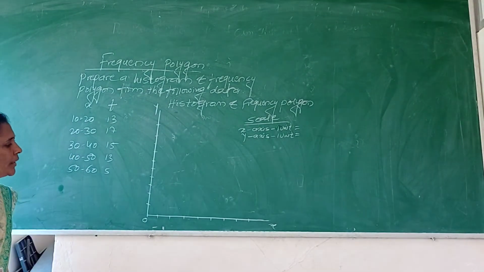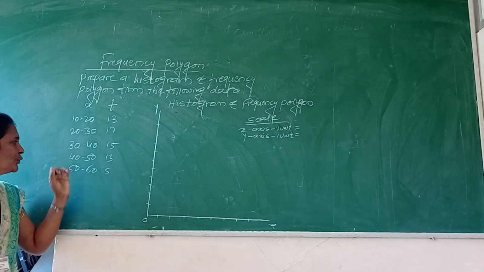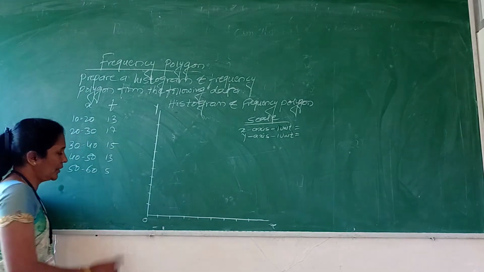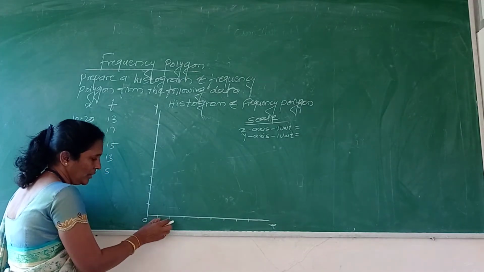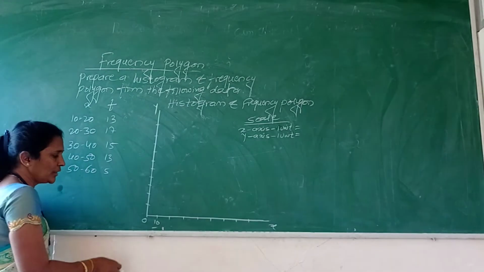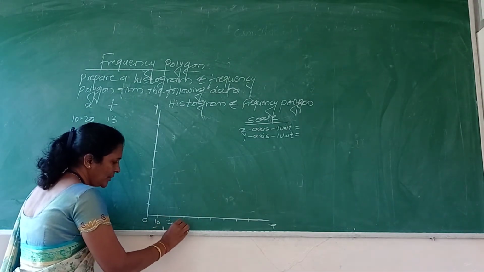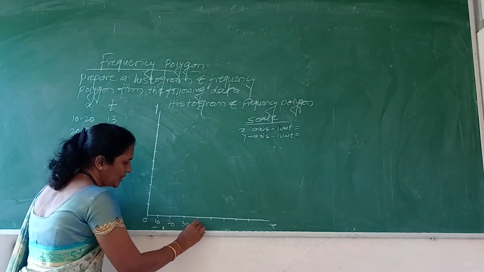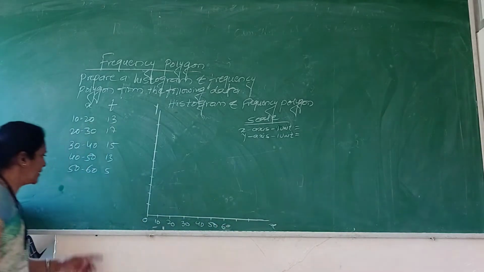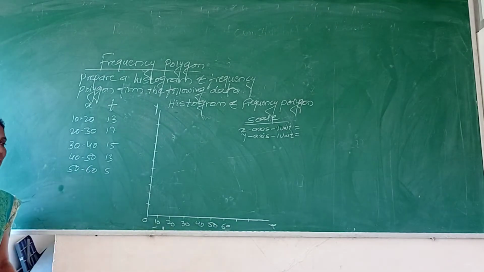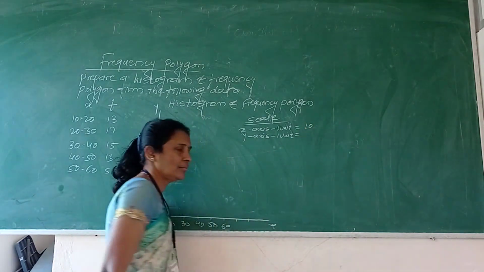Now your classes are 10 to 20, 20 to 30, 30 to 40. So we will take 1 centimeter or 1 unit as 10, 20, 30, 40, 50 and 60. The last value is 60. So the scale on the x-axis is 10.